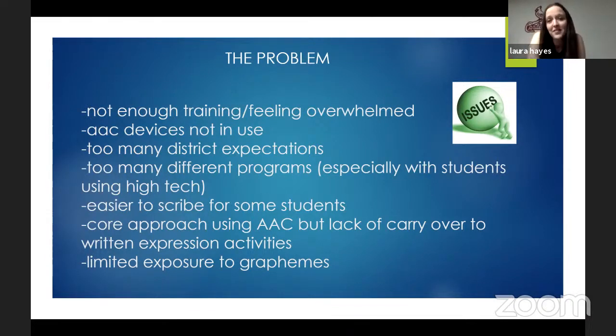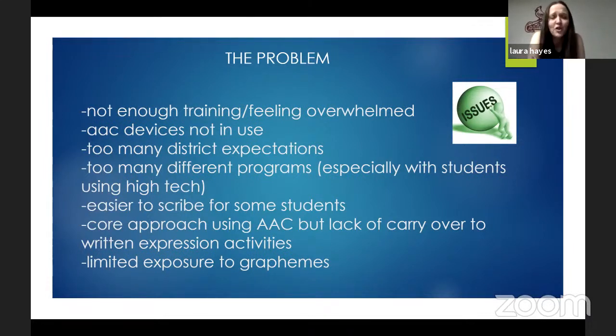But because of that feeling of overwhelmedness and not feeling comfortable or at an expert level, we don't see devices in use throughout the day. There are a lot of expectations using core curriculum and teaching all of these different programs and having these students demonstrate knowledge. So we often see these complex AAC systems get put to the wayside.